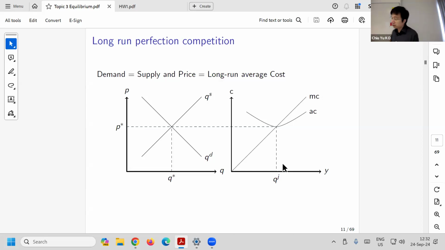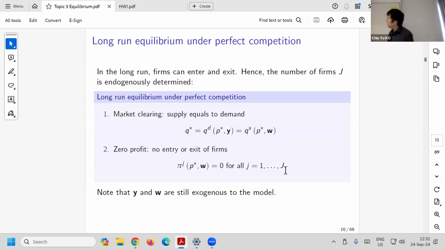So then the long run will be like this. When I write 0, actually I have some assumption here. The hidden assumption is there's no entry exit cost. If entering the industry requires paying a capital fee, you need a huge factory, or a license fee, then profit should be more or less than that amount.